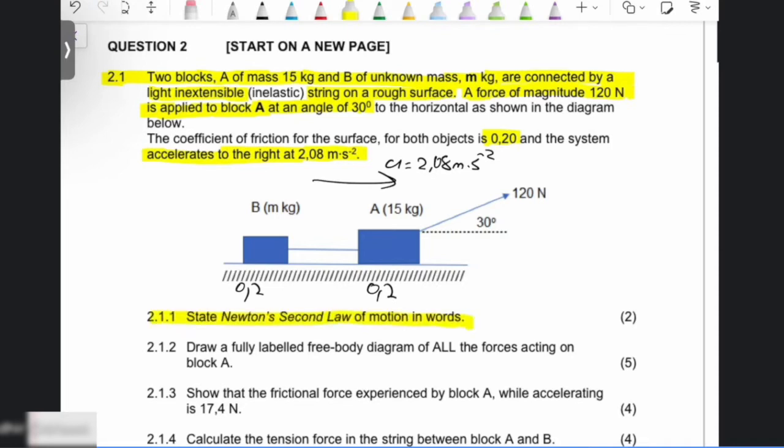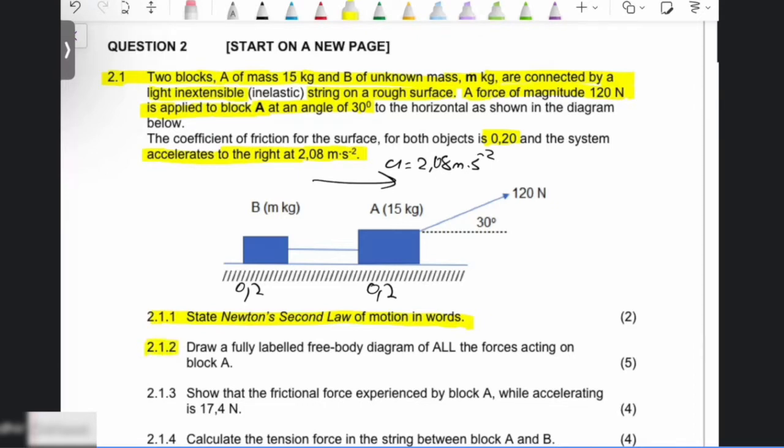Newton's second law of motion in words. Guys, Newton's second law of motion basically says that the net force acting on a body is directly proportional to the acceleration, and the acceleration is inversely proportional to the mass of the body.